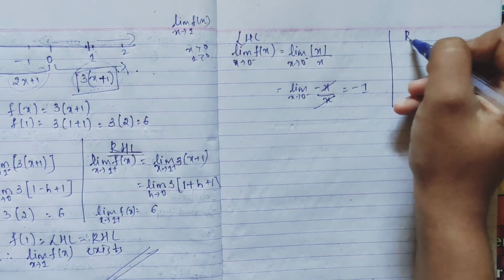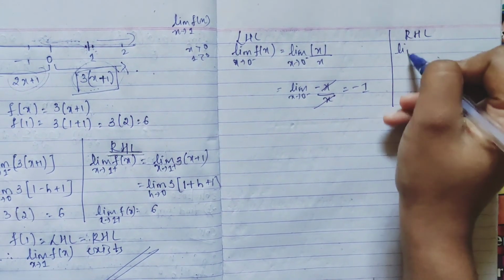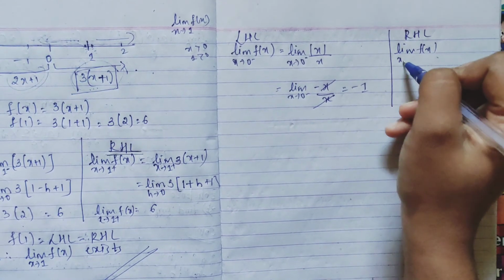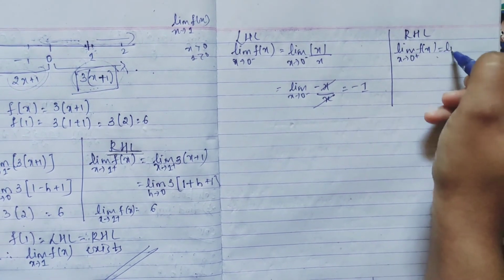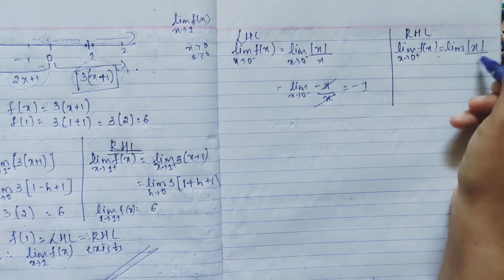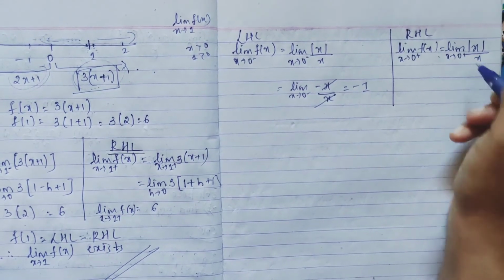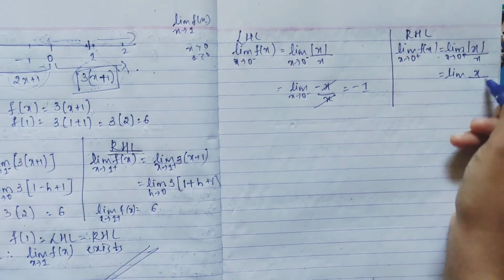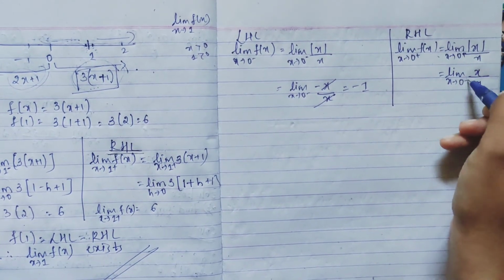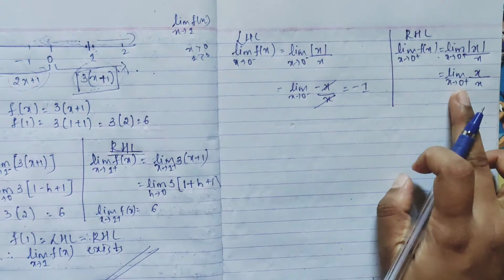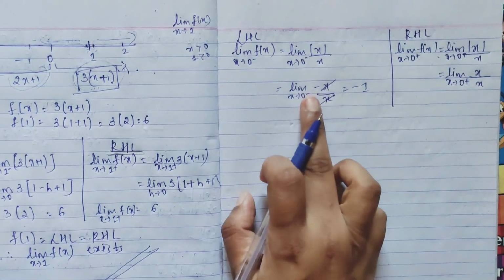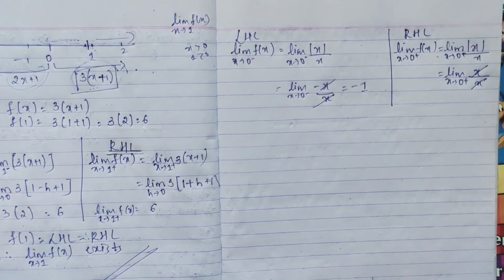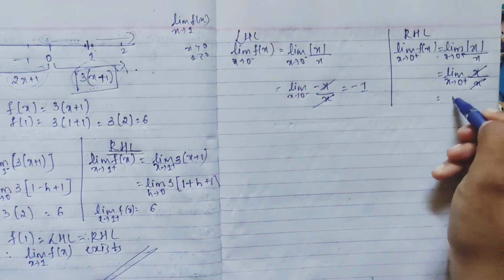The same follows for your RHL: limit f of x as x tends to 0 plus. So it is limit mod x by x as x tends to 0 plus. When it is 0 plus, your mod x also becomes only x by x. Here there is no need of putting 0 plus h or 0 minus h, because directly here it is getting cancelled. x by x you are getting 1.